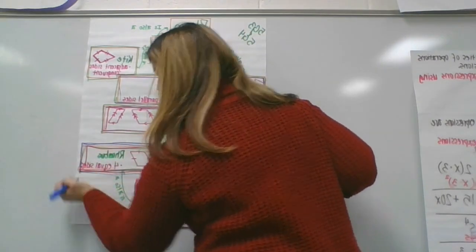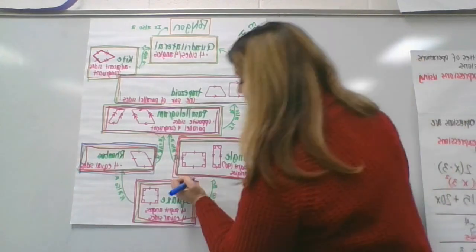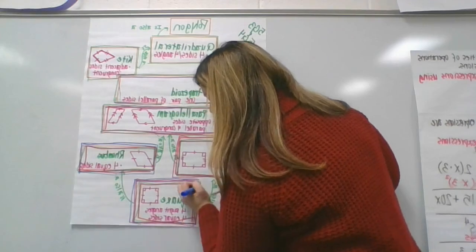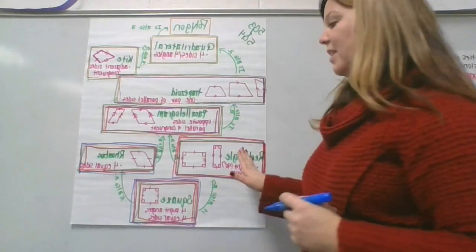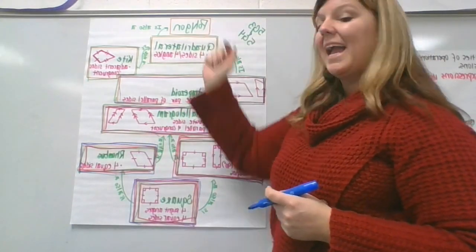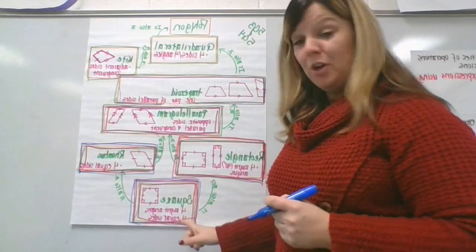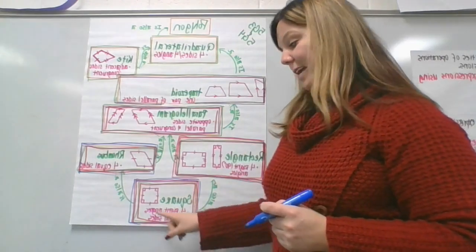Now, notice at the very bottom of my hierarchy here, I have a square. And the square has all of the qualities of a rectangle, a rhombus, a parallelogram, a trapezoid, a quadrilateral, and a polygon. Everything above it in the chart, including four right angles and four equal sides.